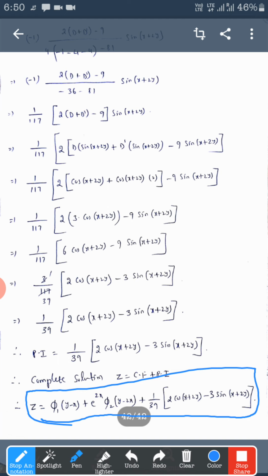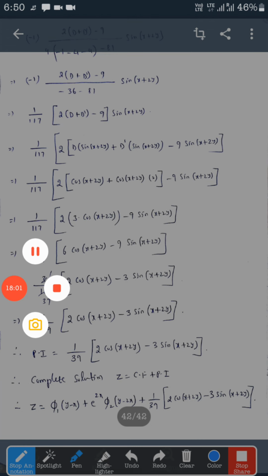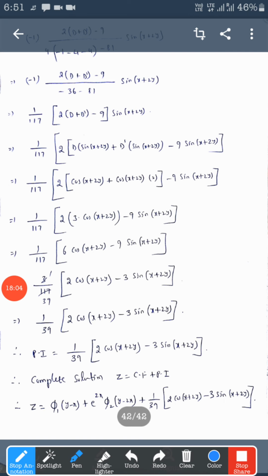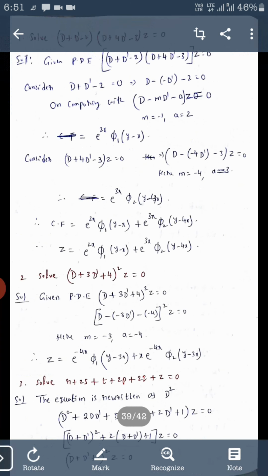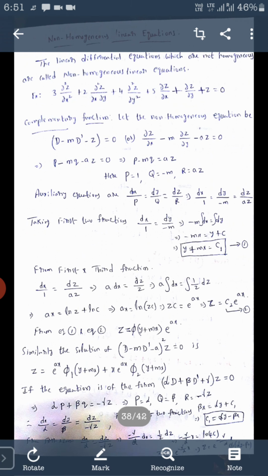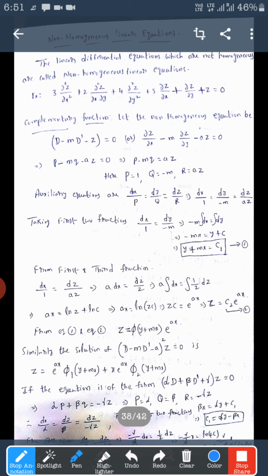The same procedure will be followed in homogeneous and non-homogeneous, but the only different thing is while writing the complementary function, we get e power of ax, one thing extra. That is the only difference. So this is the procedure to be followed for finding particular integral in non-homogeneous linear partial differential equation. Once again I am explaining the CF.